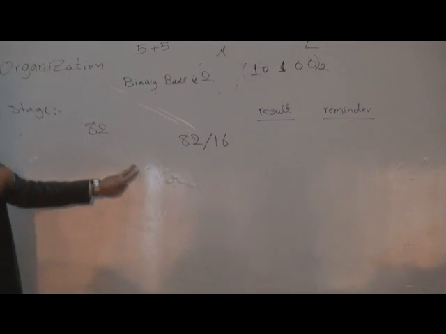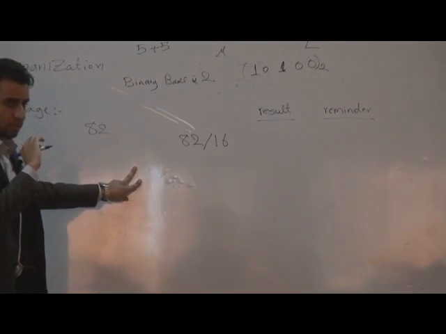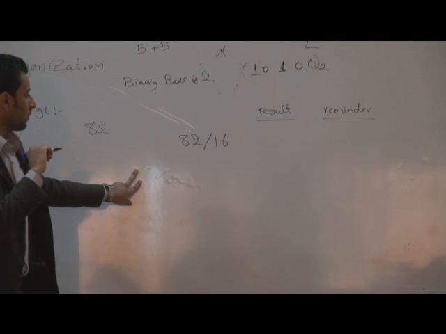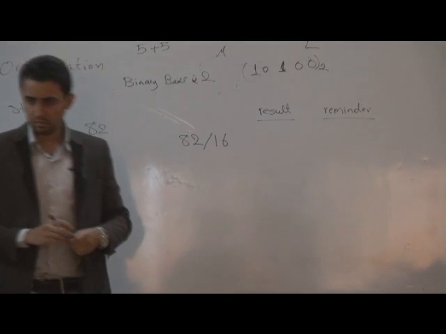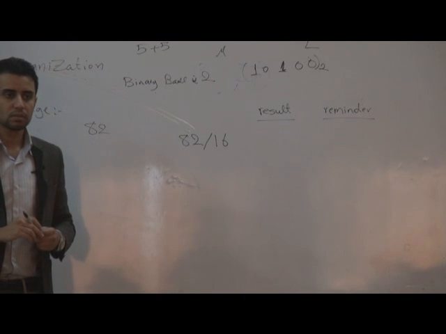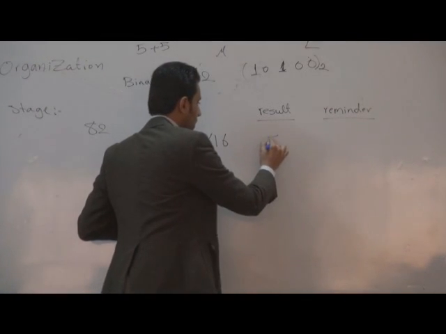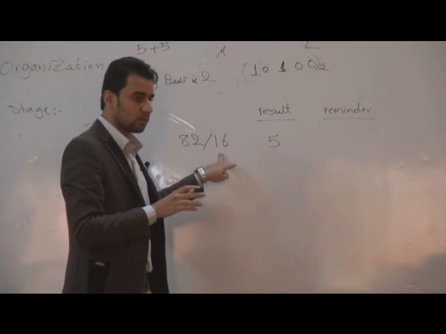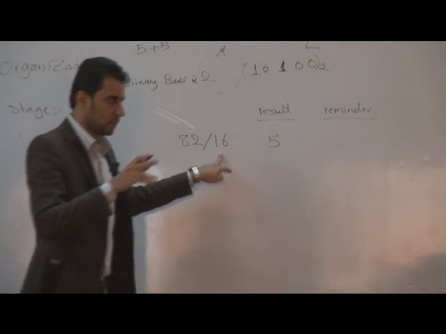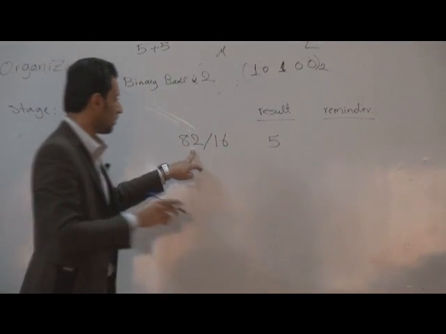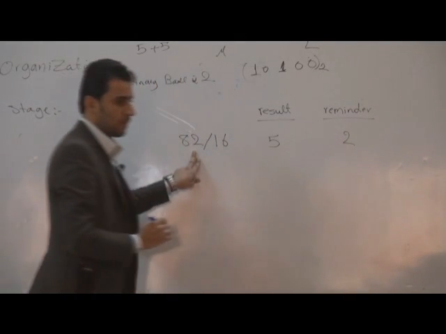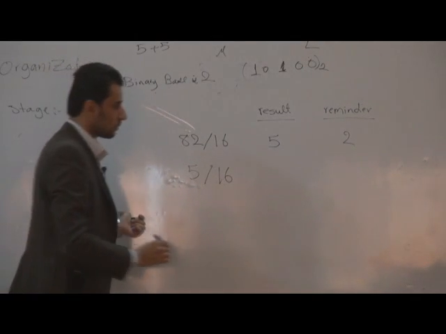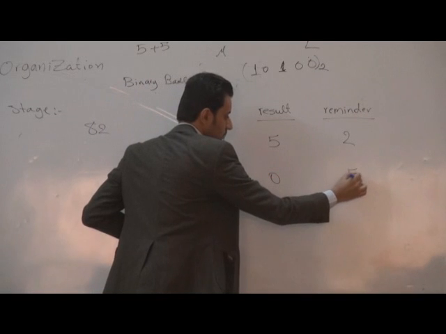So 80 divided by 16, what is the result? 5. Right? I don't want a point; I want an integer value. 5. 5 times 16 is 80. The remainder is 0. Now we take 5 and divide by 16. The result is 0 and the remainder is 5.